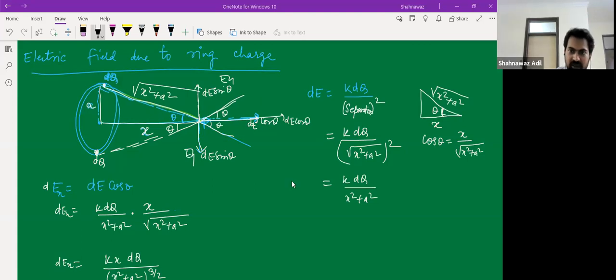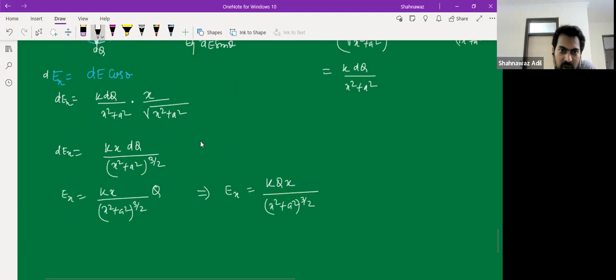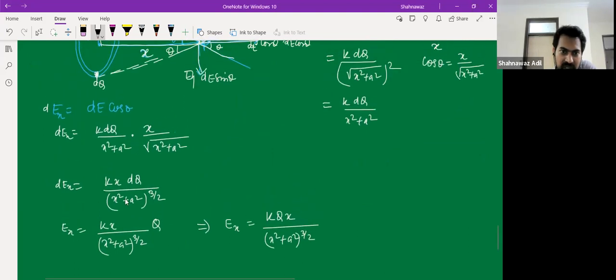Sir, in the final formula, we just wrote dE equal to kx dq by (x square plus a square) to the power 3 by 2. Oh, so this is integral. This is the operator, the differential operator, right? dq is a small change in q.